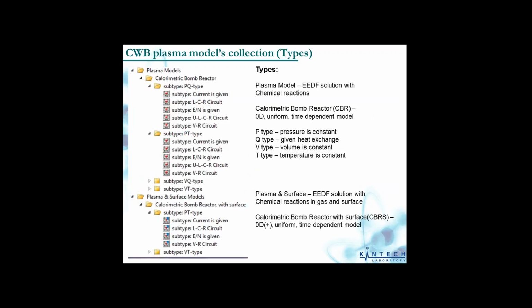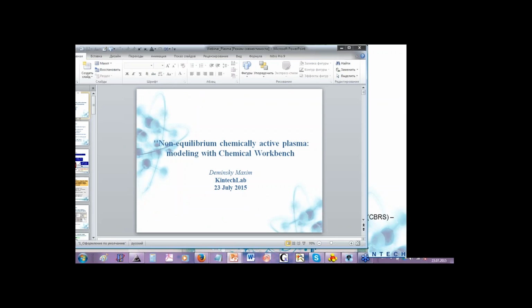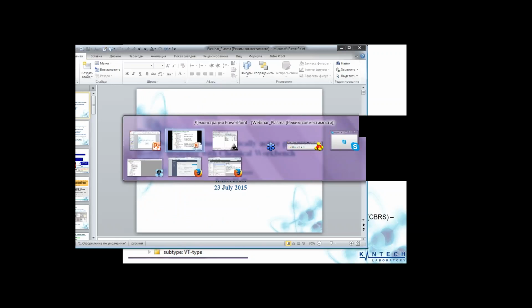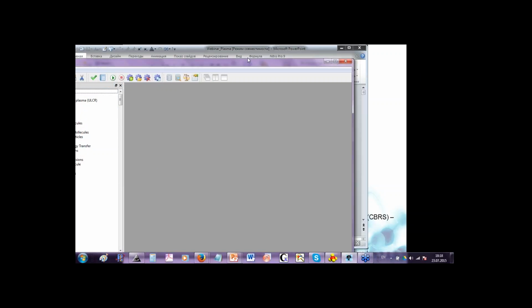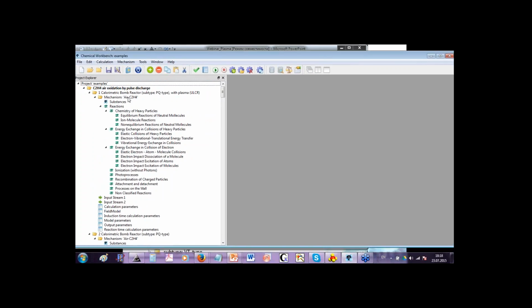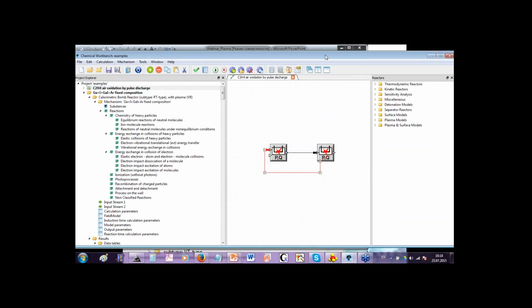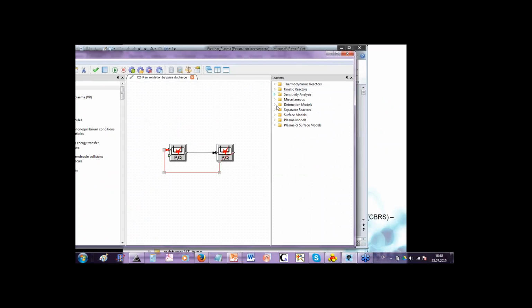So, more deeply about the plasma model inside the chemical workbench. Actually, you may find this model. Sorry, I will open the chemical workbench. Okay. Here there is a tree of the models which can be used by the user.